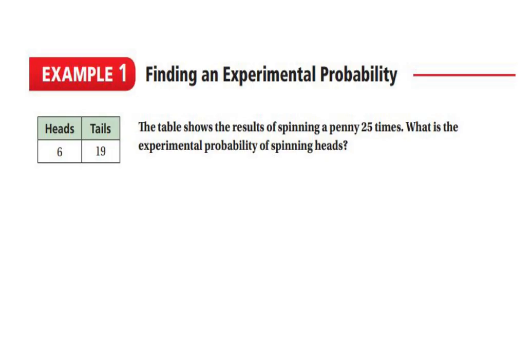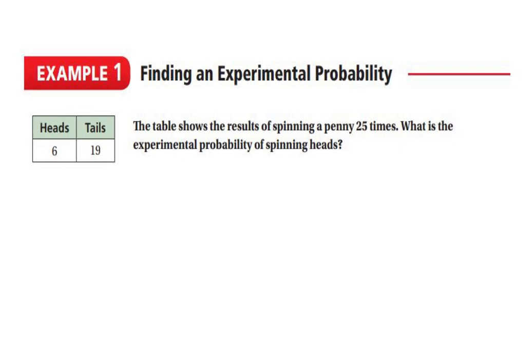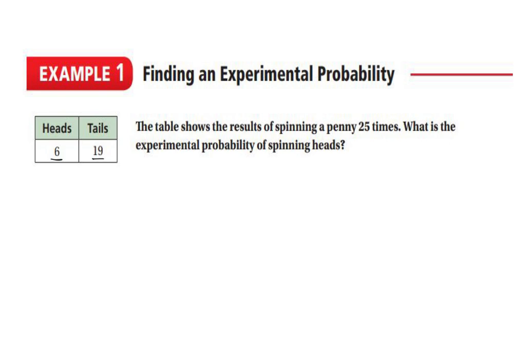Example 1, finding an experimental probability. The table shows results of spinning a penny 25 times. What is the experimental probability of spinning heads? So this is very similar to the one I just shared with you about flipping a coin, but this time you're going to spin it. So it lands heads 6 times, tails 19 times. So 19 plus 6 is a total of 25 times that it's spun.